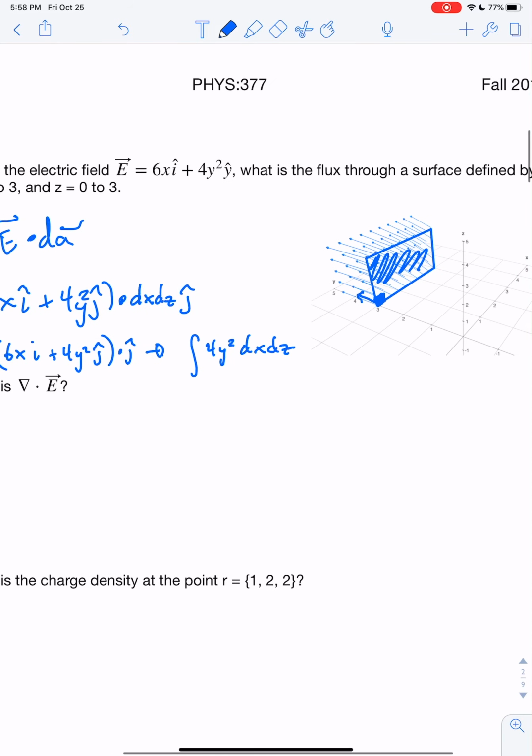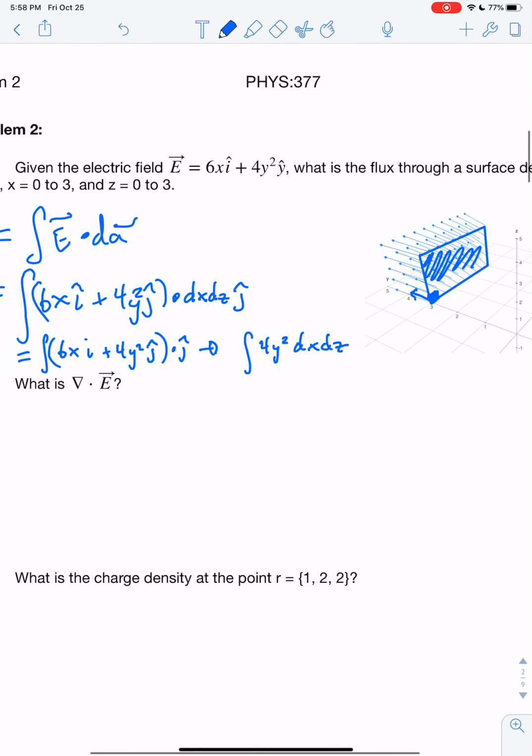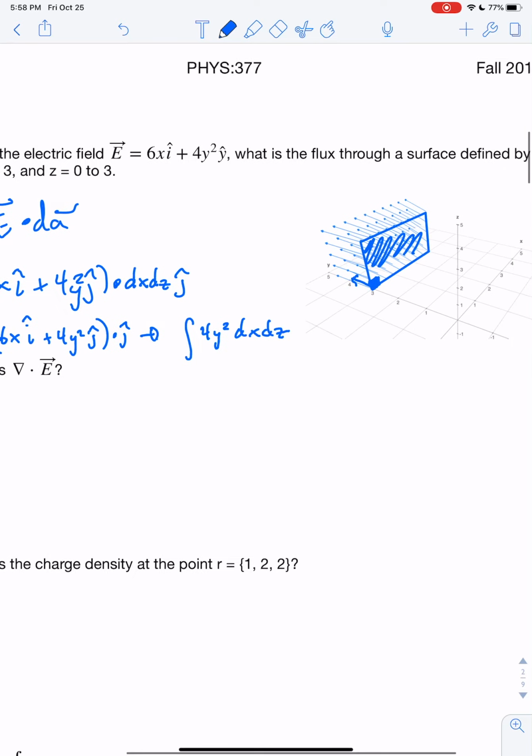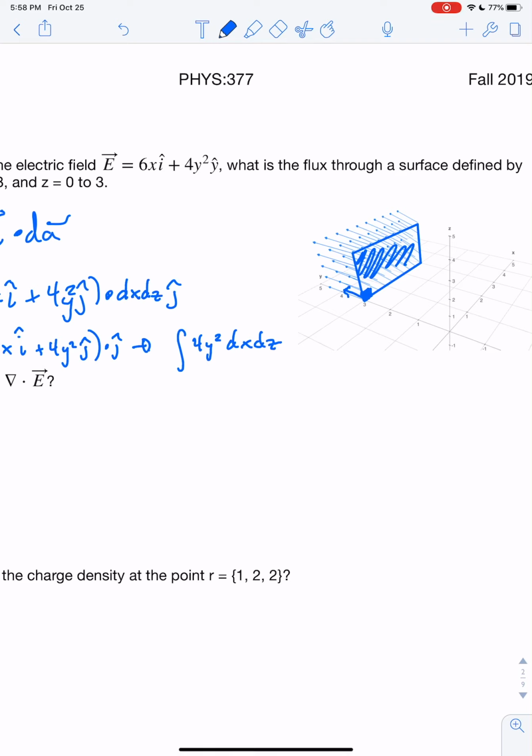Because i hat dotted into j hat is 0, and j hat dotted into j hat is 1. So only the y component of this vector through the y direction is what counts. So we're going to integrate 4y squared dx dz.